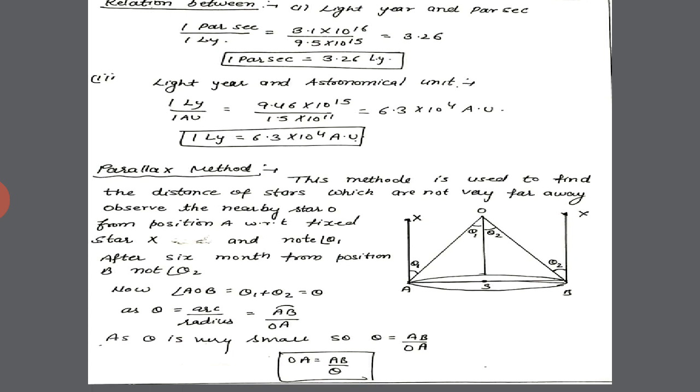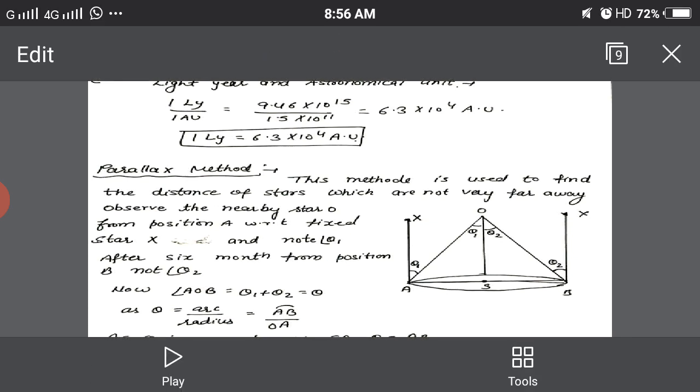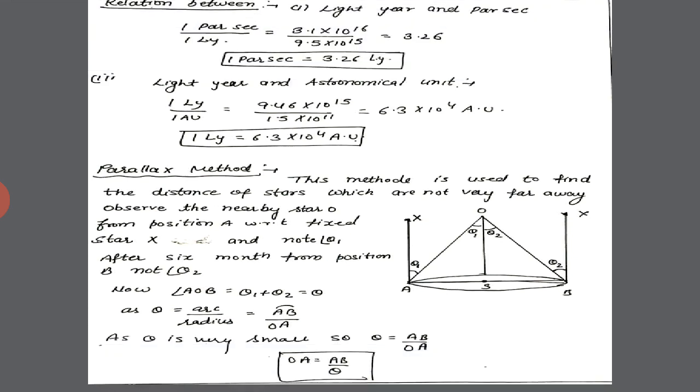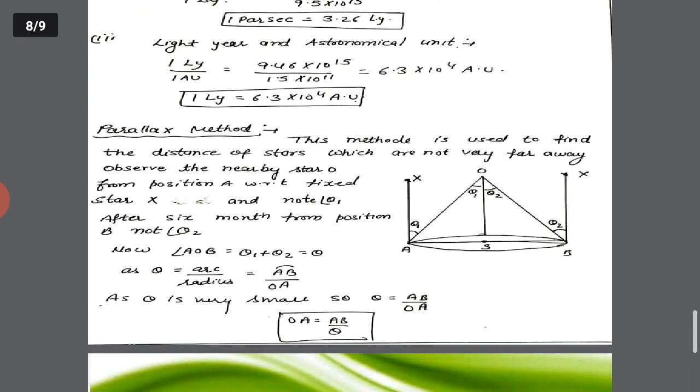Angle theta 1 is from position A, and angle theta 2 from position B. Angle AOB = theta 1 + theta 2 = theta, and as theta = arc/radius, the arc is AB, and theta is very small, so theta = AB/OA. Got it?